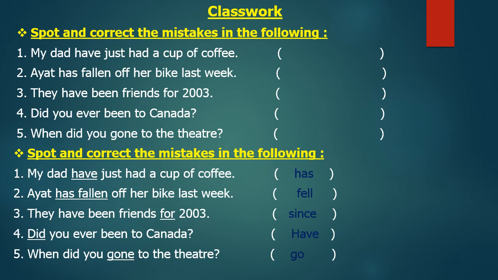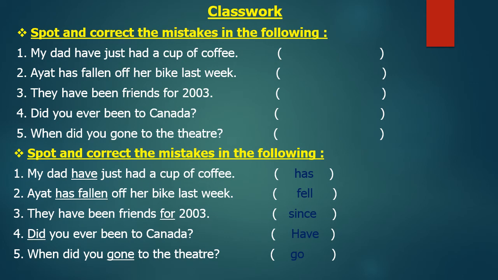Number 2, Ayat has fallen off her bike last week. Here we have the words last week. It refers to the past simple, but the sentence is in the present perfect, has fallen. So here I have to change the verb and say Ayat fell.